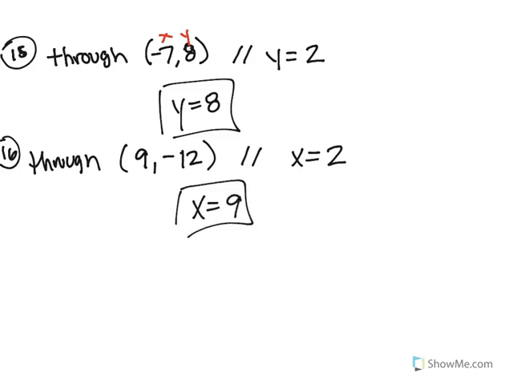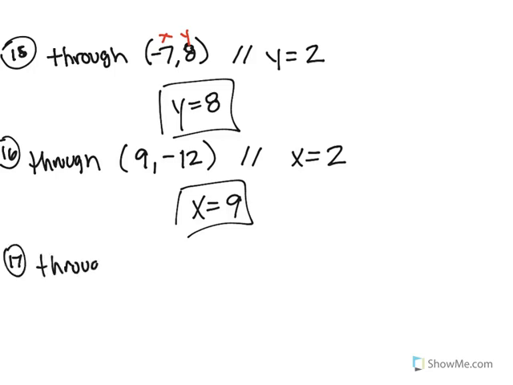X equals 9. I gave you a vertical line this time. I want to go through that point, but look like x equals 2. X equals 2 is vertical. So I need another vertical line. Does everybody understand that? Vertical means x. The x coordinate is 9. Do y'all see this? This ain't hard now.